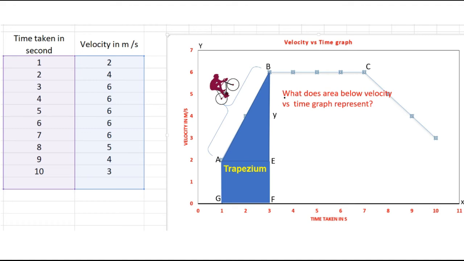So remember now, what does area below velocity versus time graph represents? The area below velocity time graph represents a displacement. Let me repeat, the area below velocity time graph represents displacement.